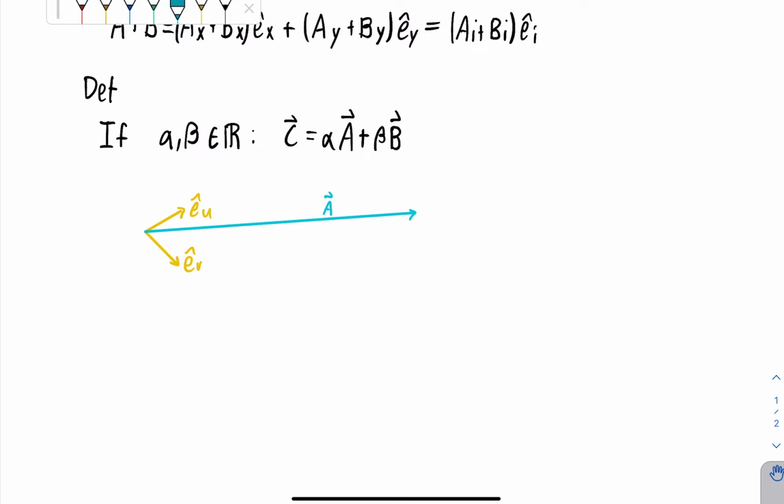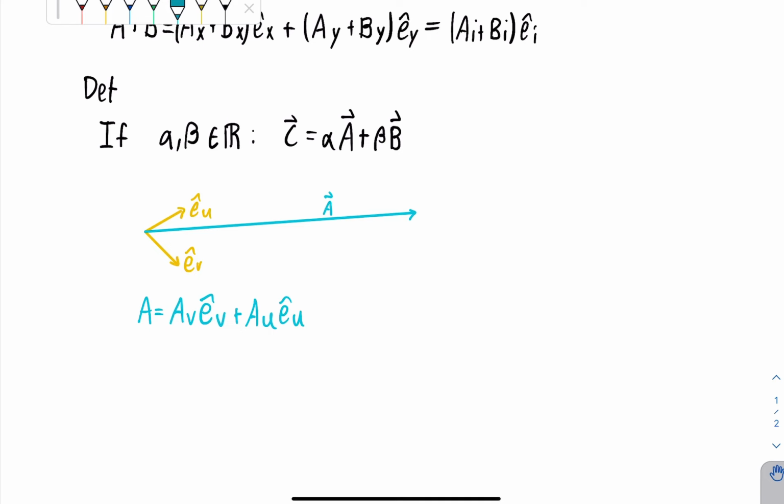Then what we can do is take these vectors and write vector A as a sum of components. So vector A can be written as some amount of the v direction, A sub v times e sub v, plus A sub u times e sub u.